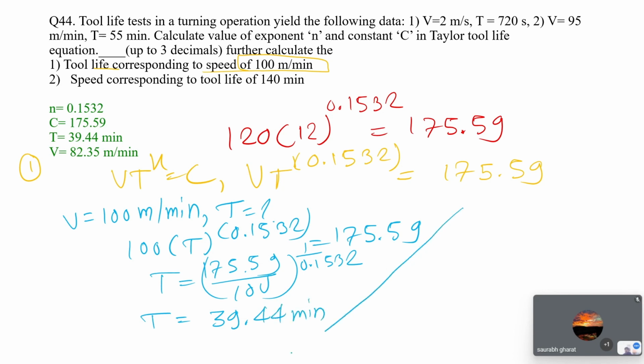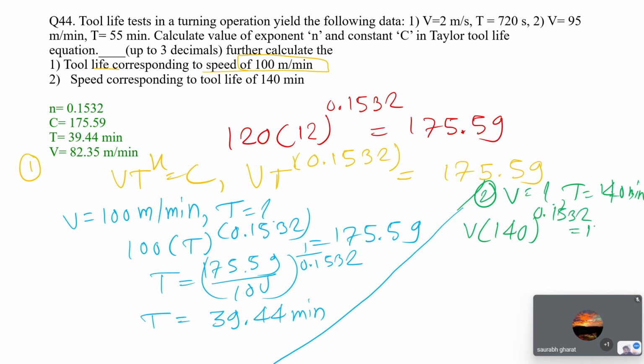Okay. Now what in second case we need to find out? V. Okay, but you have T is 140 minute. So put exactly like this. So what is your equation then? V, it will be unknown, 140 raised to 0.1532 is equal to 175.59.